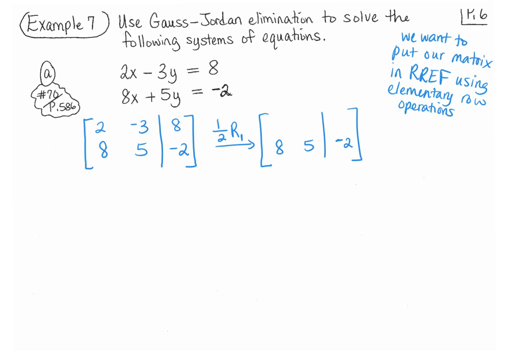We ask ourselves, how do we make this 2 a 1? Divide by 2. So that's where the 1/2 came from. Dividing by 2 is the same thing as multiplying row 1 by 1/2. That's absolutely correct. What other questions do you have?